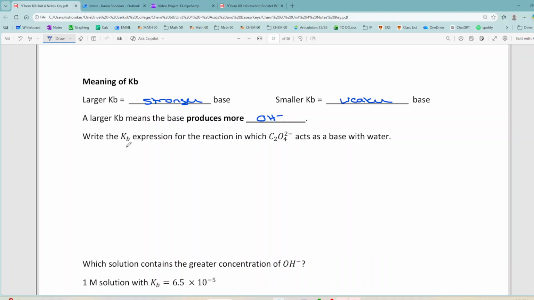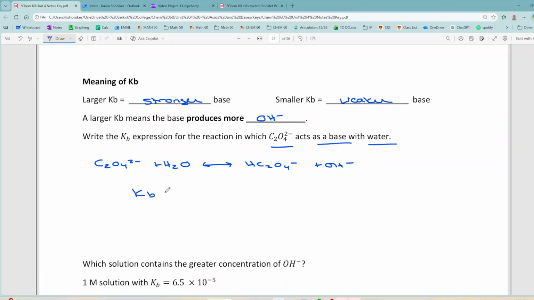So if I wanted to write the Kb expression for the reaction of C2O4 2- acting as a base with water, I'm going to write C2O4 2- in water is going to form the conjugate acid HC2O4-, and remember I can use my equilibrium arrow, plus hydroxide ions.